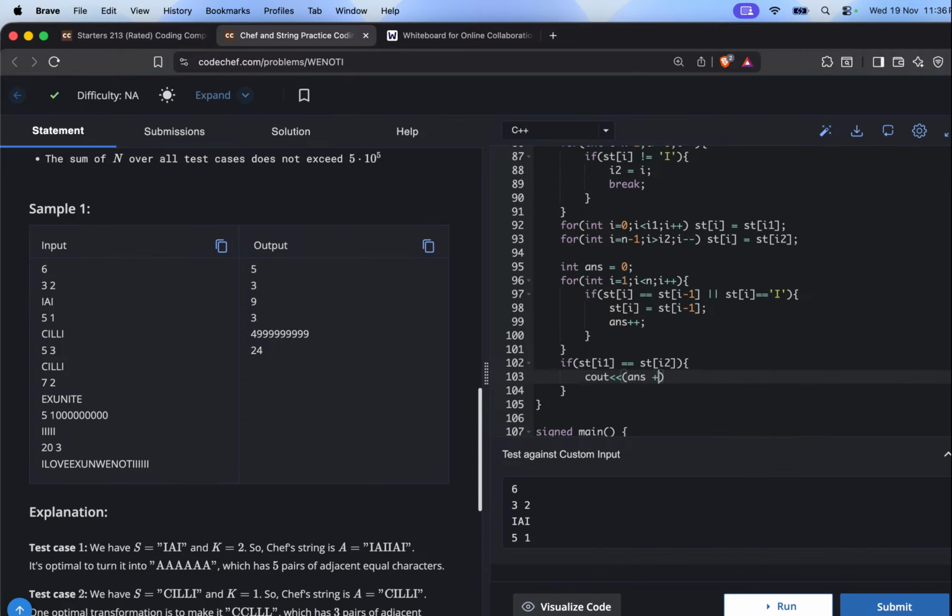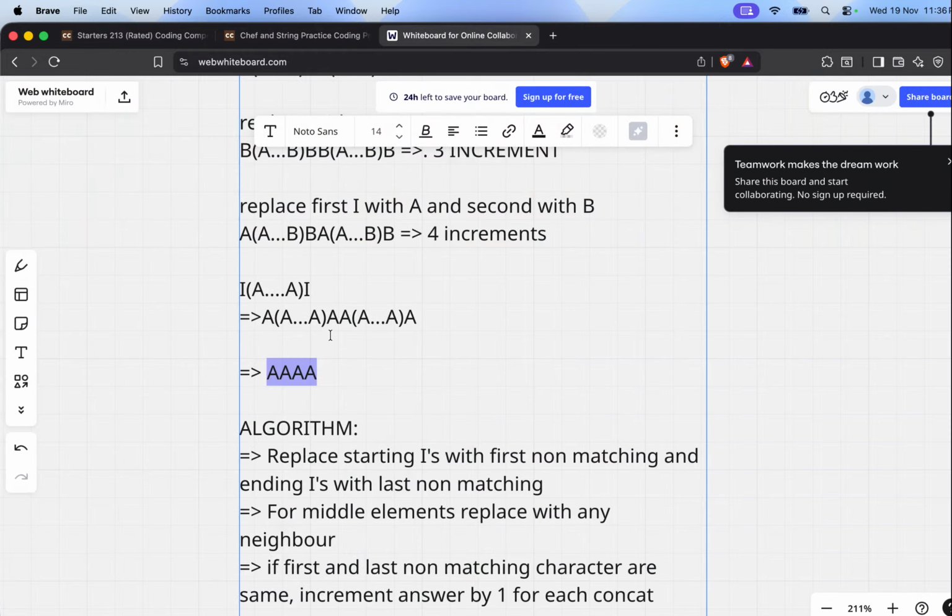Okay. How many concatenations are there? K concatenations. And minus 1, because how many number of matchings will there be? If we are writing our string 2 times, there is 1 time that this AA appears. Similarly, if we write K times, K minus 1 times these AA will appear.